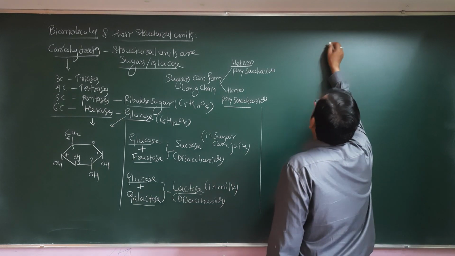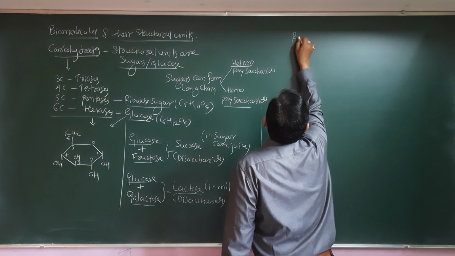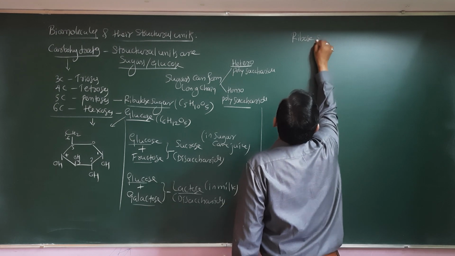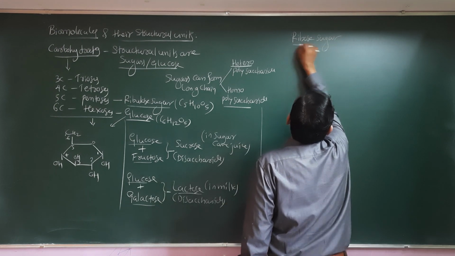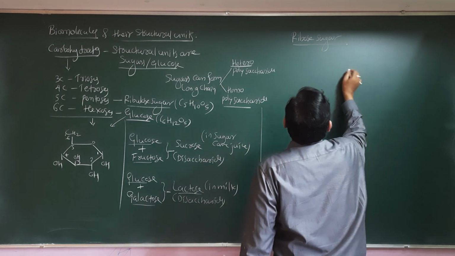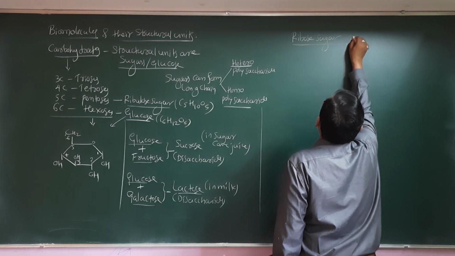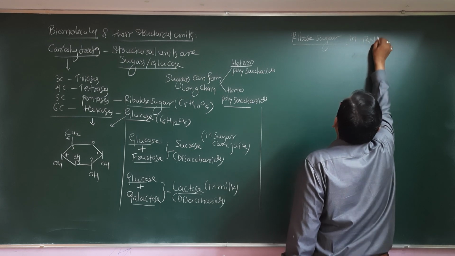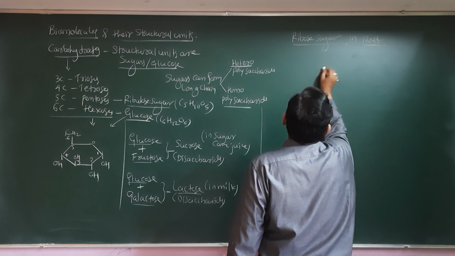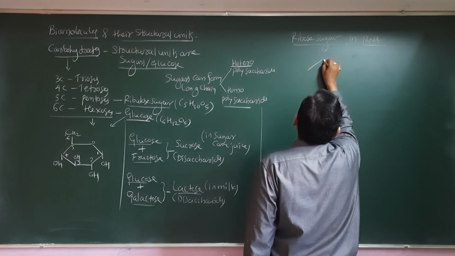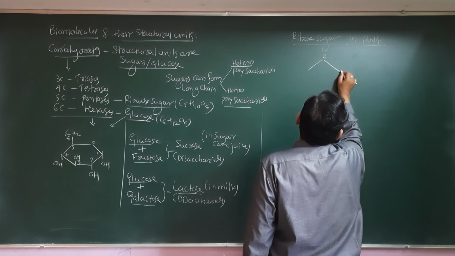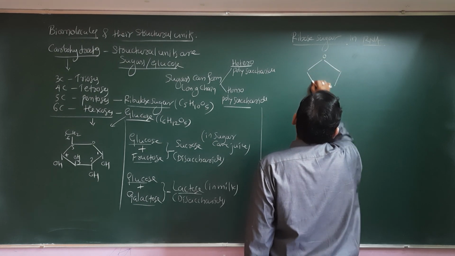The ribose sugar is an example of a pentose, and it is found in RNA. It has the structure with a terminal oxygen and the alpha carbon.